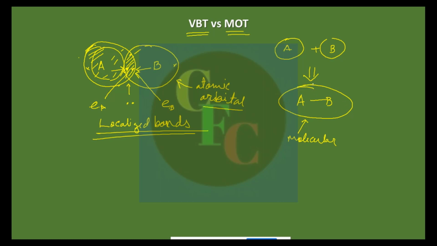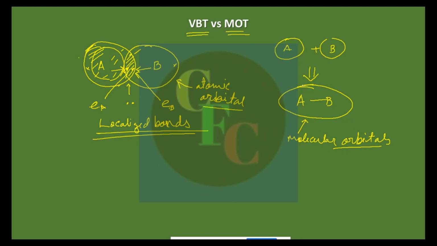Now whenever they combine they form molecules, and the individual atomic orbitals are gone; we cannot find them anywhere. Now we have a new entity, the molecule AB, and the orbitals associated with it are called molecular orbitals.